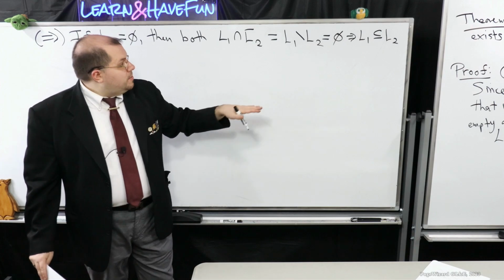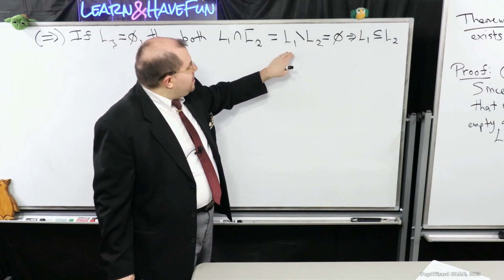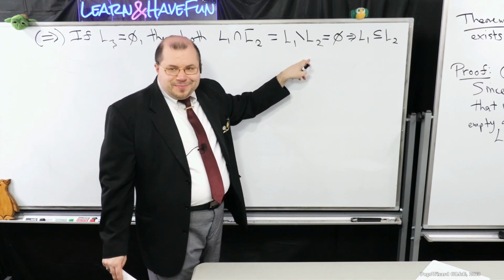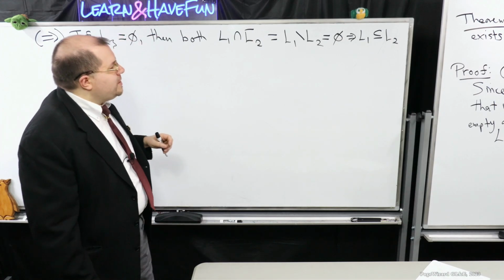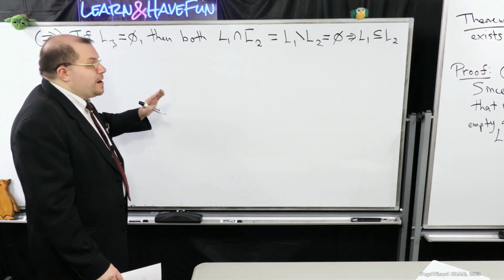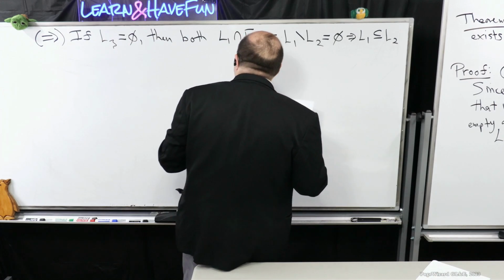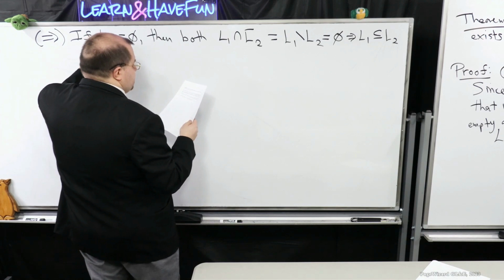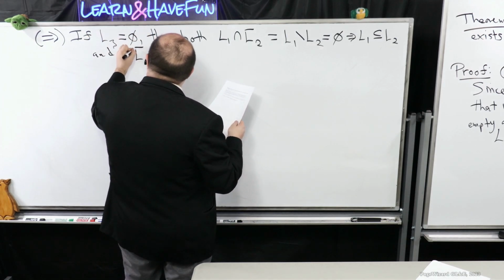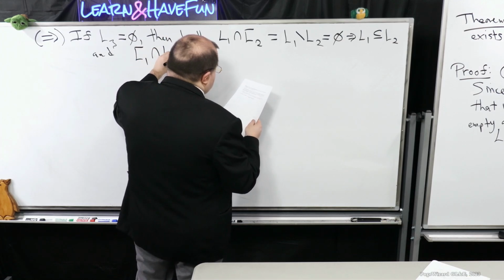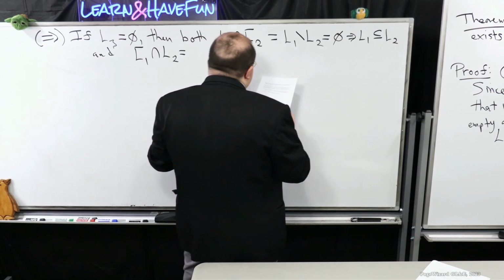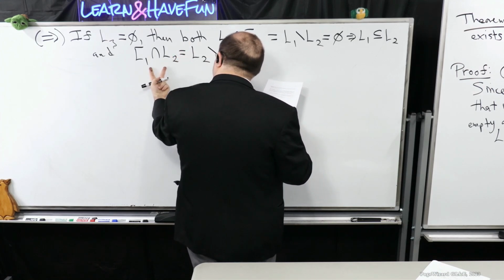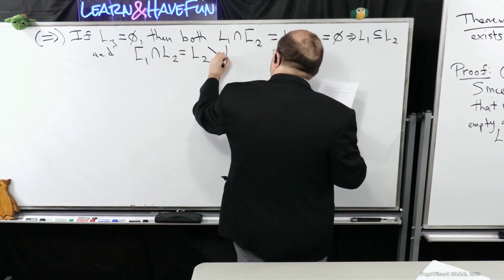Why? Think about it. For this to be empty means that I was able to take out everything using L2, meaning that L1 has to have at least whatever's in L2 to do that. That's one part of this. The other part, L1 bar intersect L2, is another way of writing L2 set minus L1.